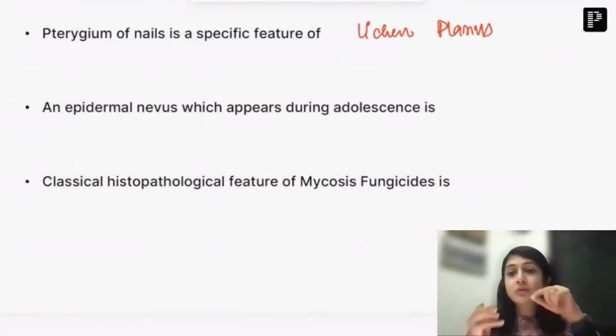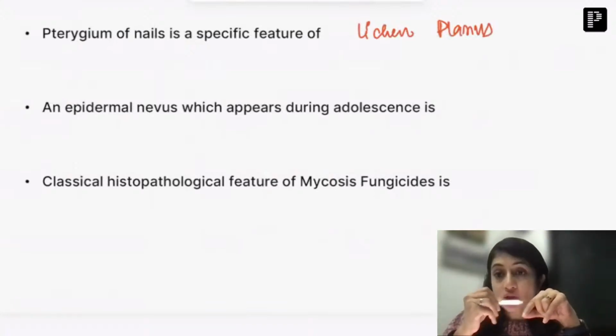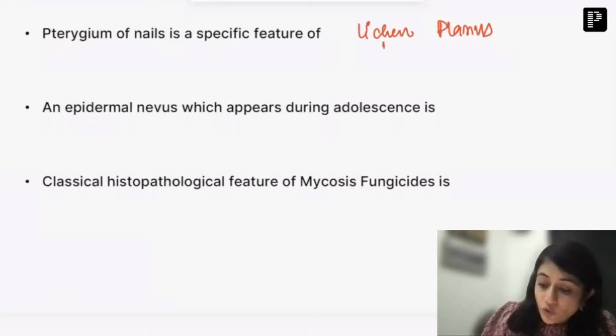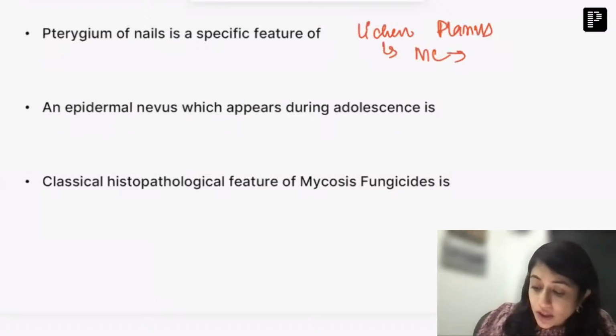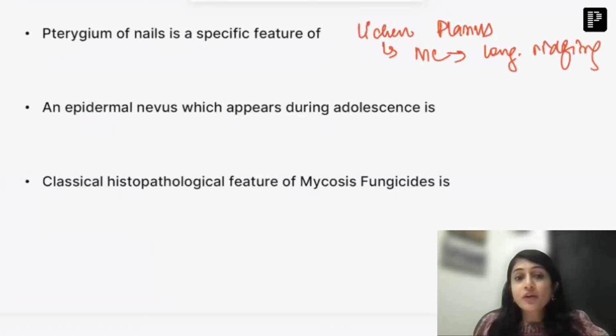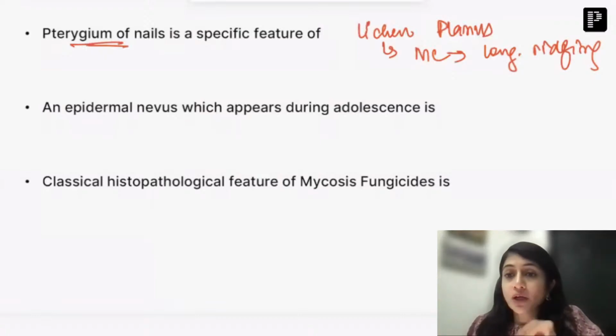What is pterygium? Pterygium is a wing-shaped extension of the proximal nail fold onto the nail plate. And this is seen with lichen planus. With lichen planus, the most common finding that you see is longitudinal ridging. But this is the most common finding. The most specific finding for lichen planus is pterygium of nails. And also I'll discuss psoriasis here.